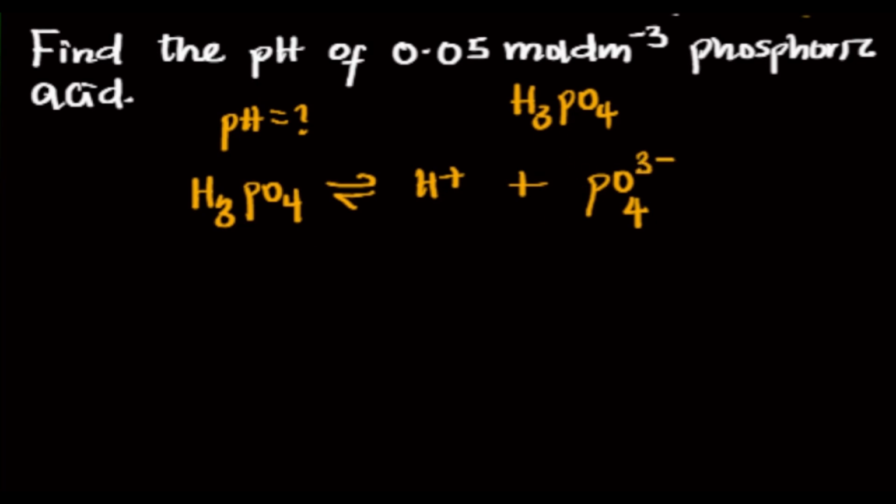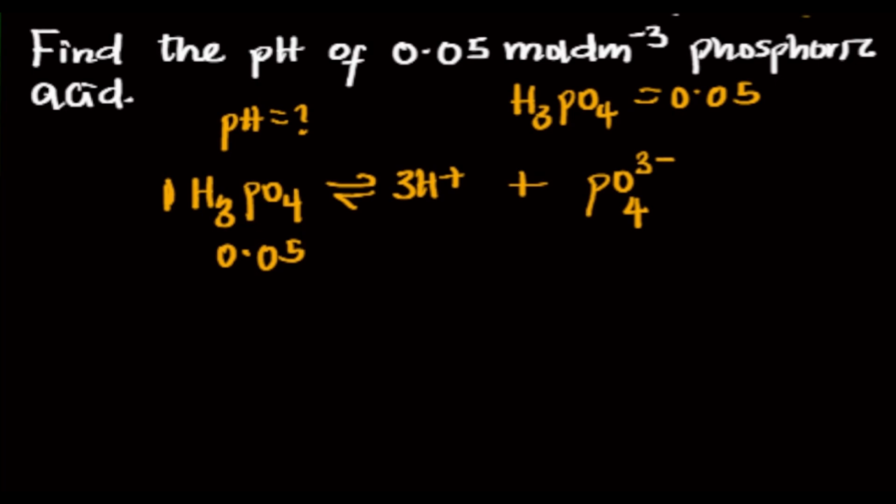From there, if you go ahead and balance the equation, we have 3 hydrogen here. That shows that I have to add 3 hydrogen on the other side, and by adding 3 hydrogen, the equation is balanced. So from here, we are having 0.05 concentration of phosphoric acid. It has 1 mole of this, which we have as approximately 0.05 concentration.